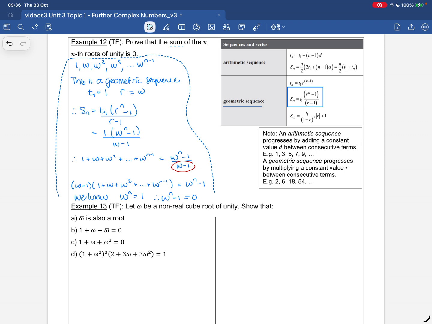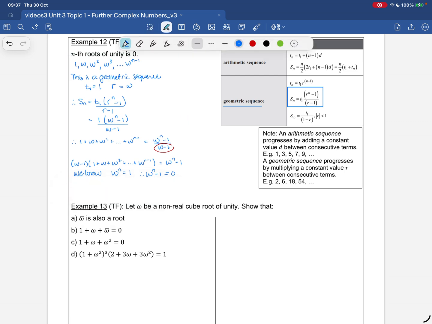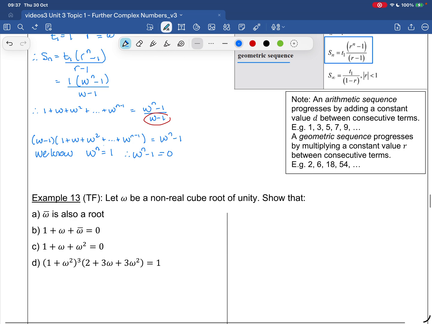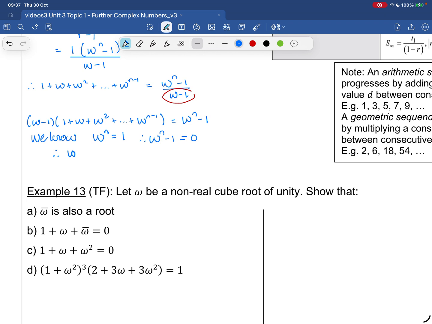Well, if I know that omega^n - 1 is equal to 0, that then means that this thing on the left-hand side is equal to 0. So therefore (omega - 1) times (1 plus omega plus omega squared, etc.) equals 0. And that's the null factor law, so therefore the sum of my nth roots of unity, that should be 0, is equal to 0.